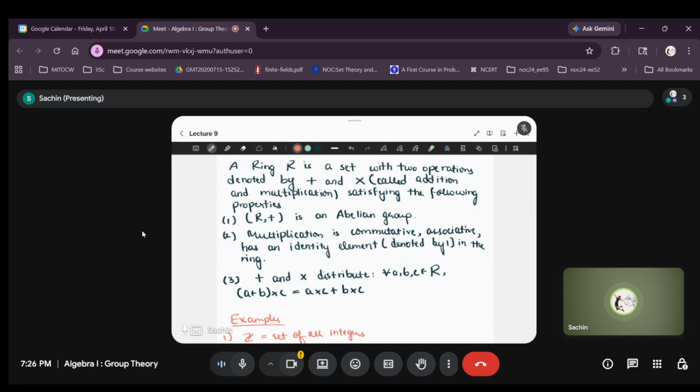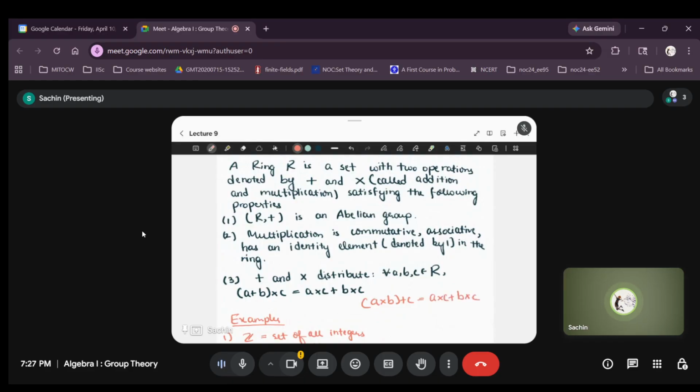You need only multiplication distributivity over addition. You would simply interchange plus and into in this. So you would write A into B plus C is equal to A into C plus B into C.